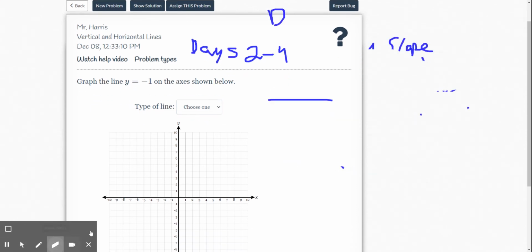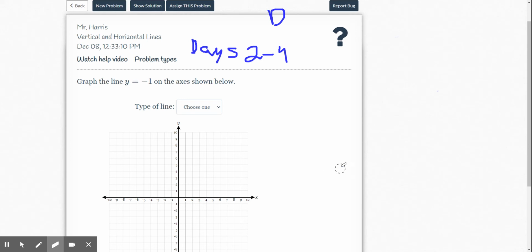We've got y equals negative 1, and we want to graph y equals negative 1 on this below. So let's get a reminder here. Y equals negative 1.